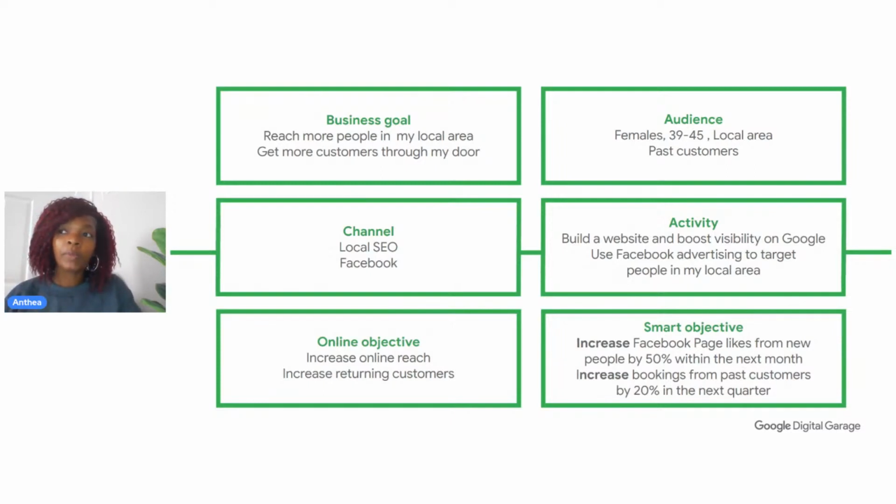He's going to build a website using Google, use Facebook to advertise to people in his local area. He will increase online reach and increase returning customers, increase Facebook likes by 50% in the next month, and increase bookings from past customers by 20% in the next quarter. All very clear. So at any point, Max can go and say, I'm on track, I'm falling behind, yes or no, I have achieved this or not.